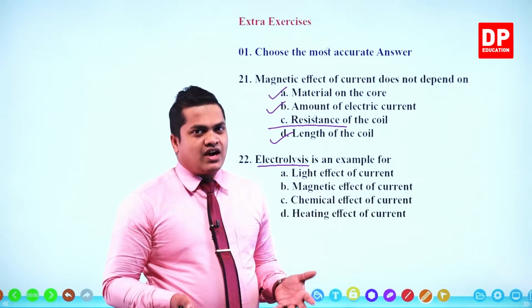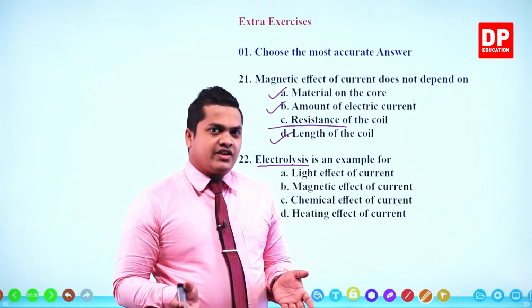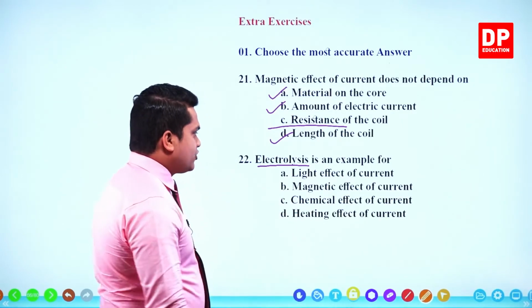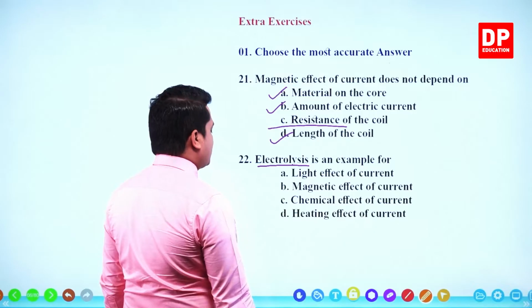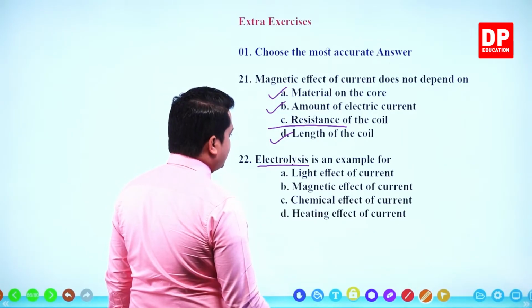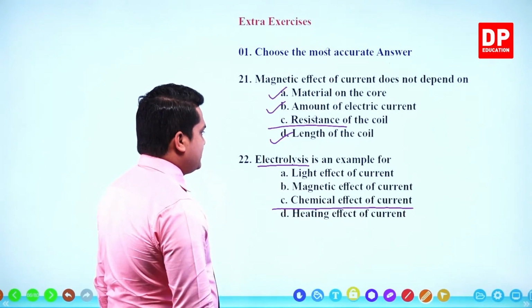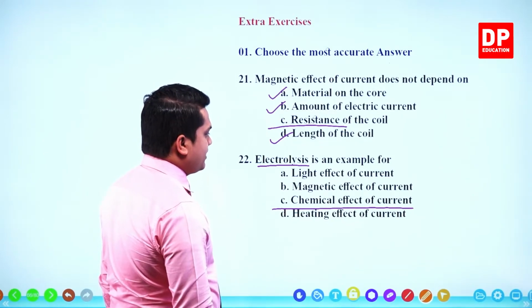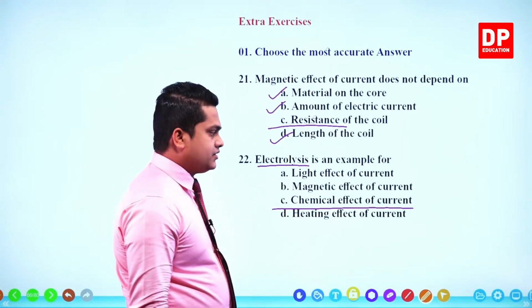So my dear children, our answer would be, in electroplating, you know that there is a chemical effect going on. In electroplating, a metal is getting plated. That's the difference. So the chemical effect of electric current is utilized in the electrolysis process. So electrolysis is an example for the chemical effect of current.